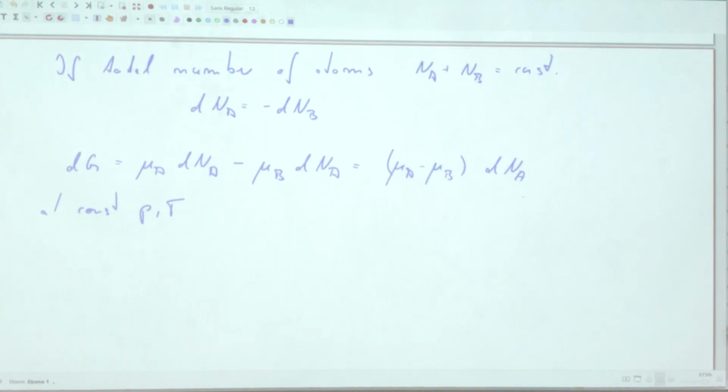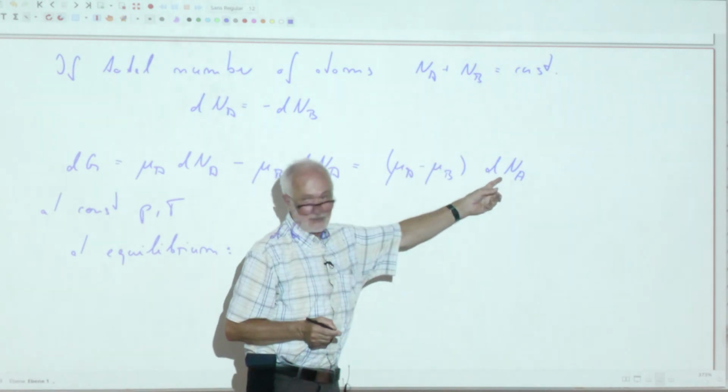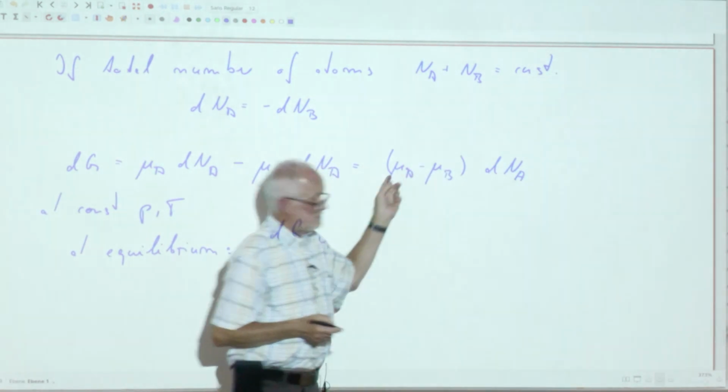And this means for equilibrium, where dG is 0, the product is 0 if one of the factors is 0. This is not 0, so this has to be 0.